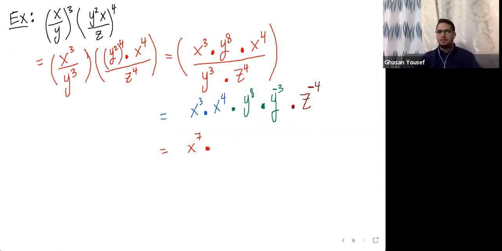Again, the same thing: same base, different exponent, so we do summation. Y, 8 minus 3 gives me 5, times z. The z is the only one that does not have anything, so you have to write it down again, z to the power 4. And this is the final answer.